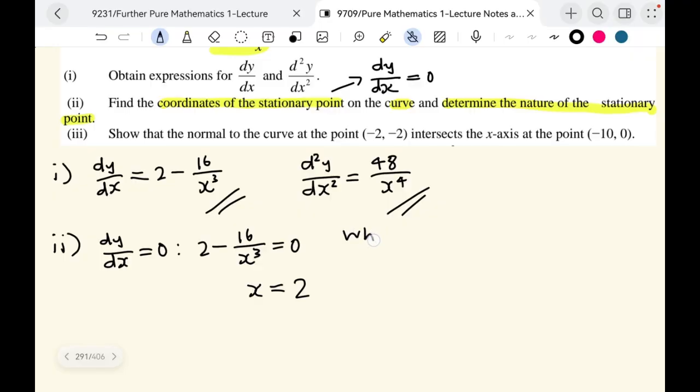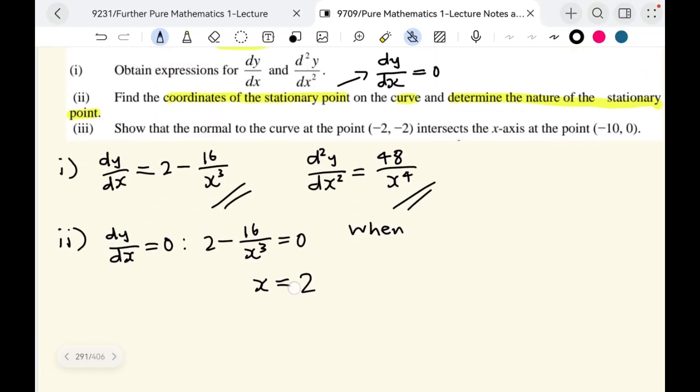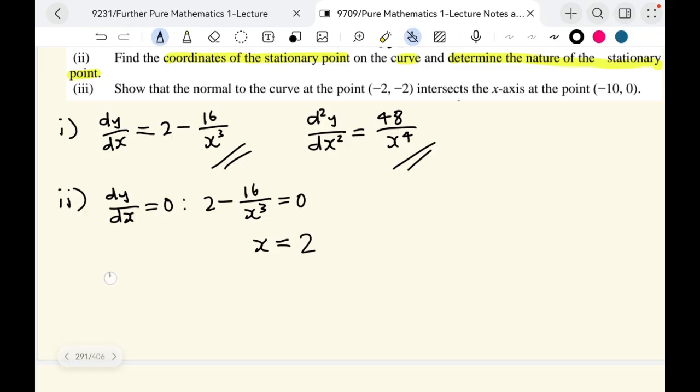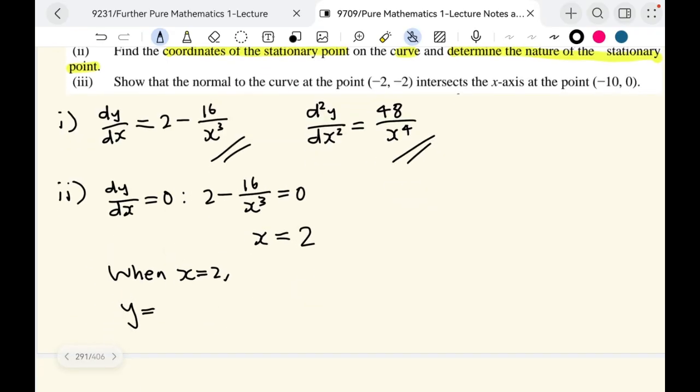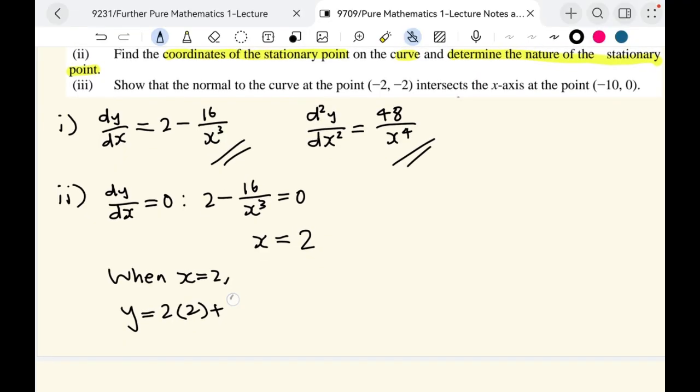Now, when x equals 2, you must substitute back into the original equation, which you will get 6. So the answer for the coordinates of the stationary point is (2, 6).